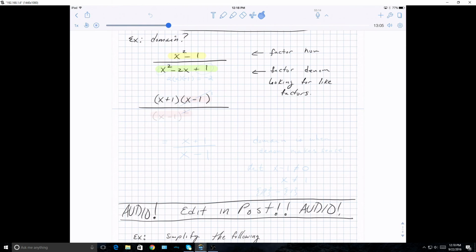It's easy to see, mainly because this is a perfect square, this is a perfect square, and if I take 2 times the value of the first term times the value of the second term, which in this case would be 1, then we have to end up with the b, which is negative 2.